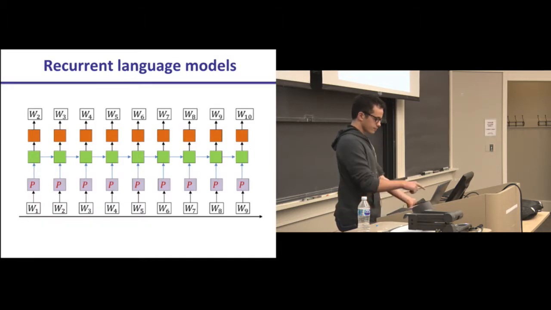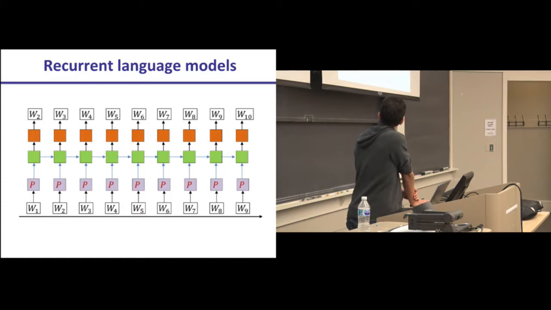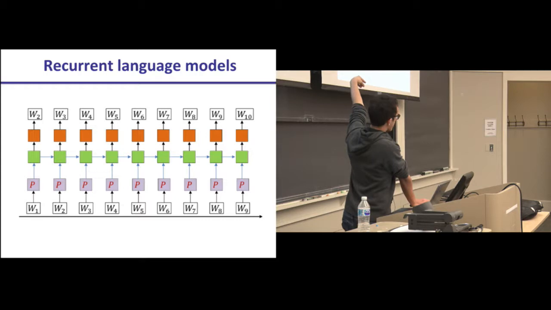So you'd get an input like this, where you feed successively y1 up to y9, and you try to predict y2 up to y10. And in the middle, you've got your RNN in green. Before that, you have a projection layer because your words are represented by integers, usually their indexes in the vocabulary.